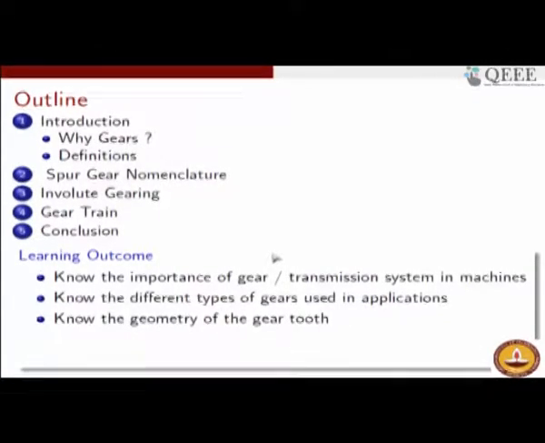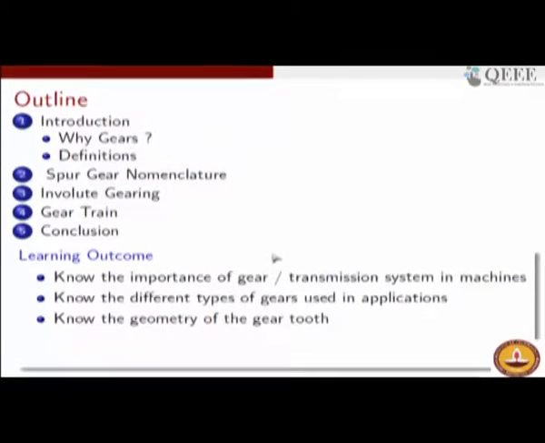But the predominant portion of this material is going to concentrate on the geometry of the gear tooth. It is not very obvious that there is a very special geometry involved in the gear tooth, and that speciality is very important from the kinematic perspective.